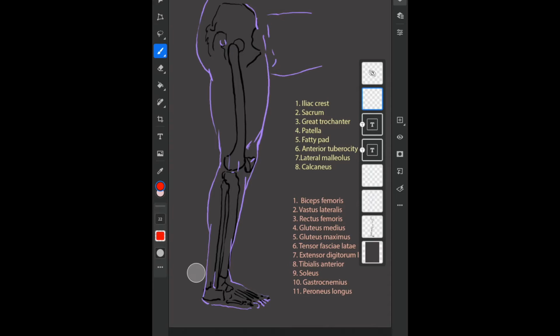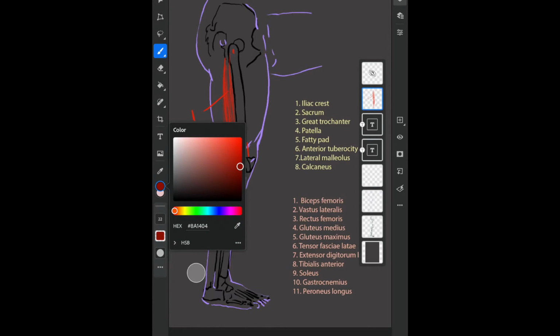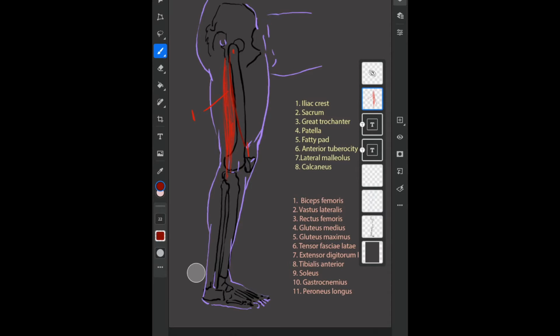Okay, let's start with the biceps femoris. This is a muscle that originates at the ischium, runs straight down to the lateral condyle of the tibia, your biceps femoris. It's going to be number 1. And then on the opposite side, starting at the trochanter right here, then running to the patella, we have our vastus, let's change colors here, our vastus lateralis.